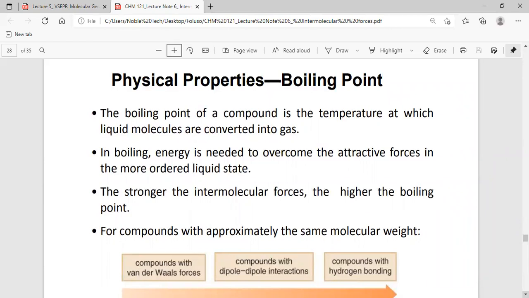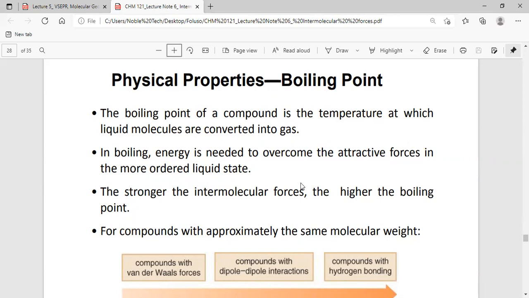When the energy overcomes the intermolecular force of attraction, the molecules are separated and you have your compound melting or boiling, as the case may be.